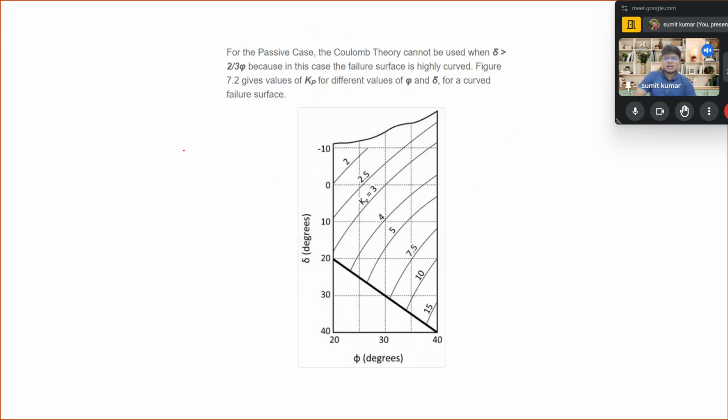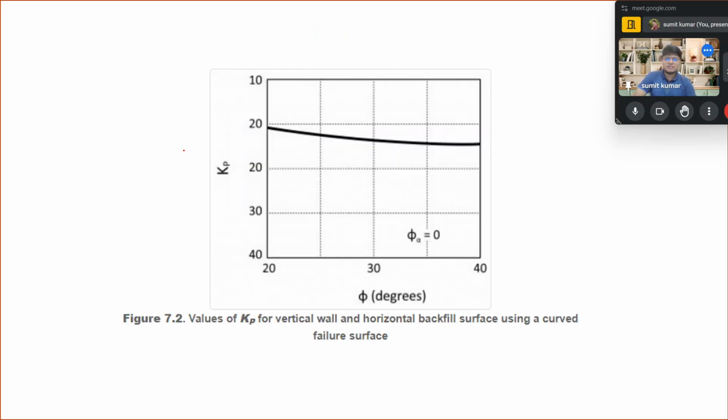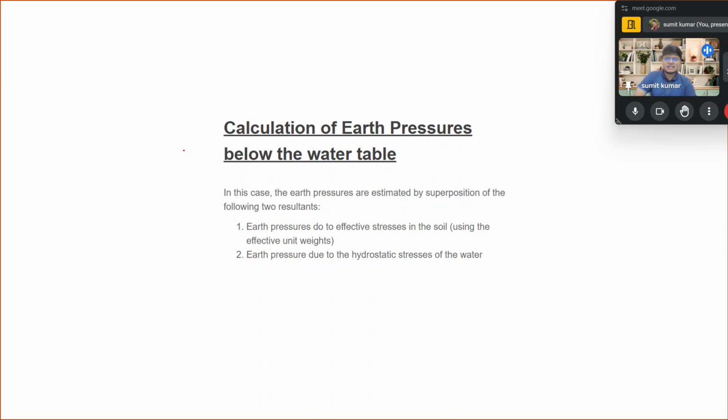Now we are moving to a very important concept, that is the calculation of earth pressure below the water table. In those cases, the earth pressure is estimated by the superposition of the following two resultants. First, the earth pressure due to the effective stress in the soil.